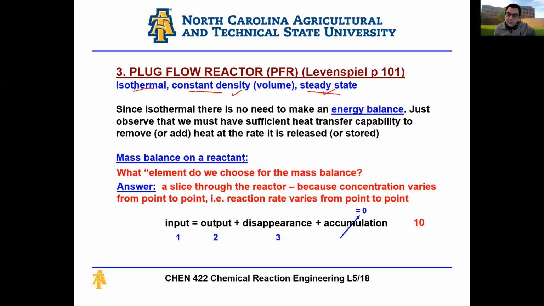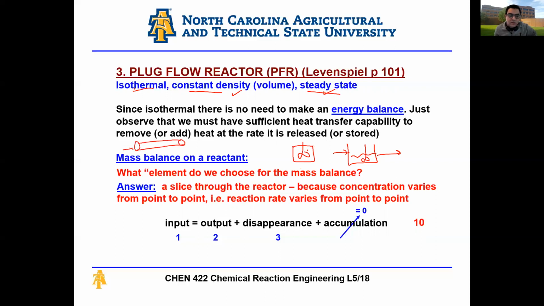If you recall, for your batch reactor and for your CSTR, they were perfectly mixed, right? Because they were perfectly mixed, we just used the entire volume of the reactor for our mass balance. However, for a PFR, there is no mixing.